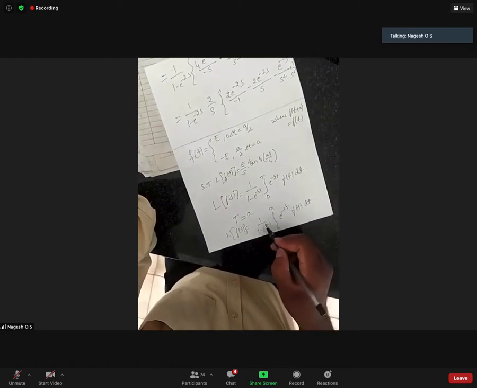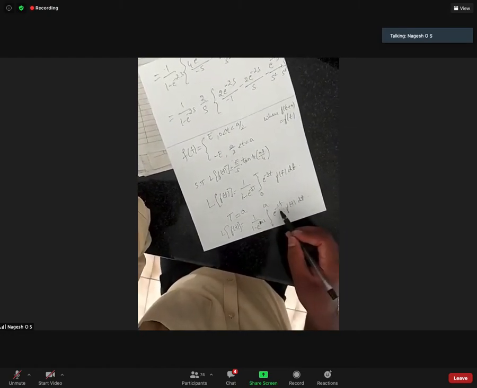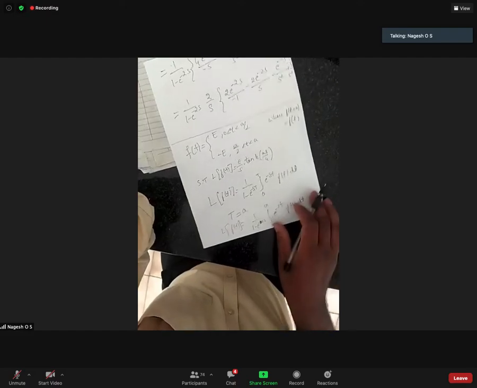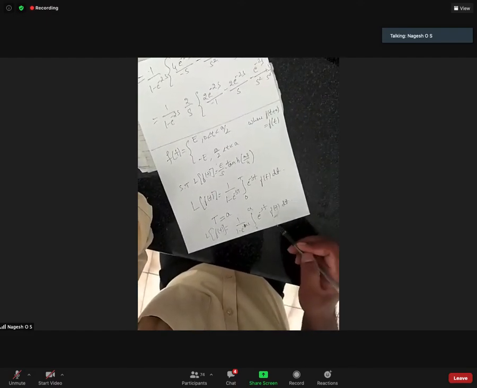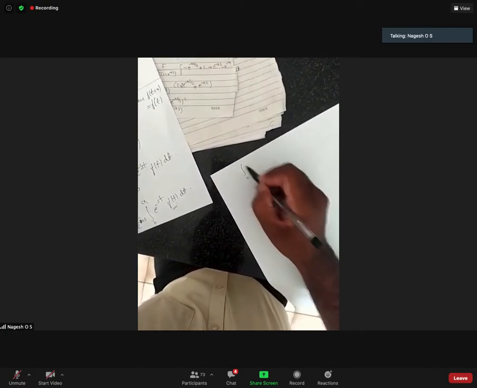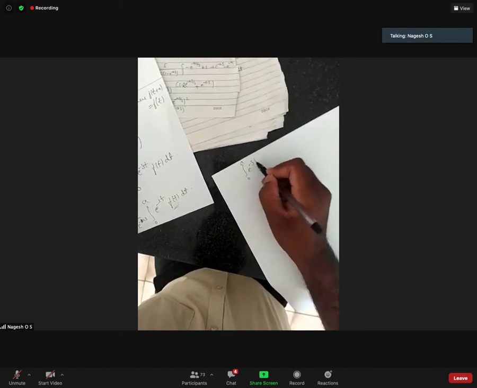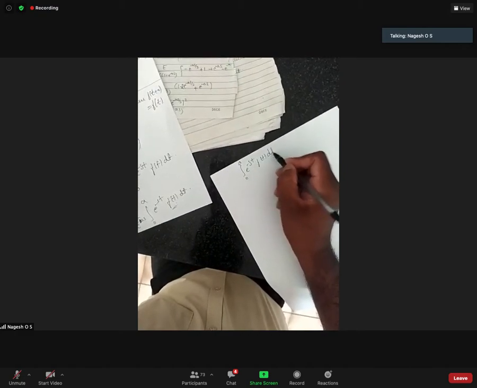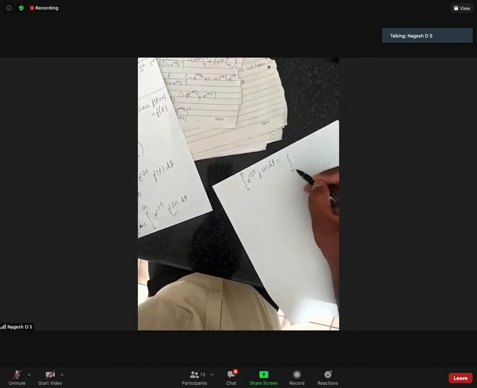1 minus e power minus as, 0 to a e power minus st f of t dt. We can't directly write f of t. Why? We have two values for f of t. That's why I have written just f of t. We have to split this. Why?